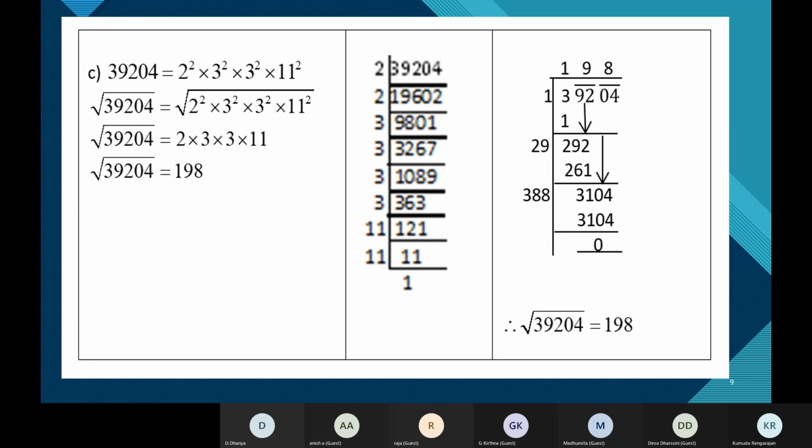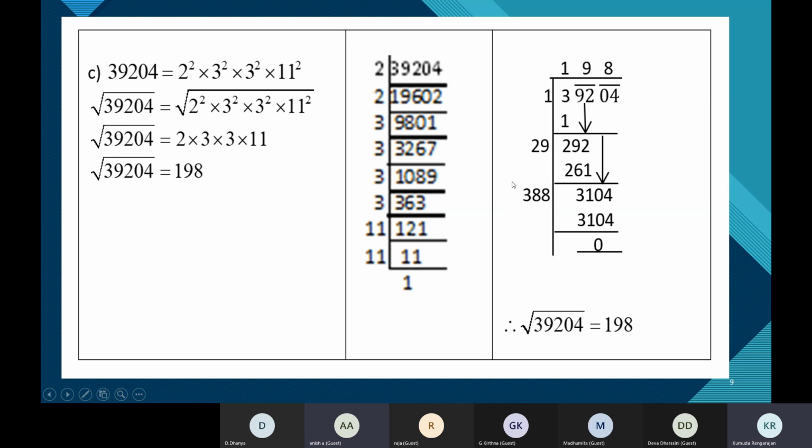So we get here 38. Very good. Then we should bring down the pair 0, 4. So we have the number 3104. Now again we should add a number. It must be approximately the same number 3104. We said double the quotient, right? Did we say 19 into 2, 38?